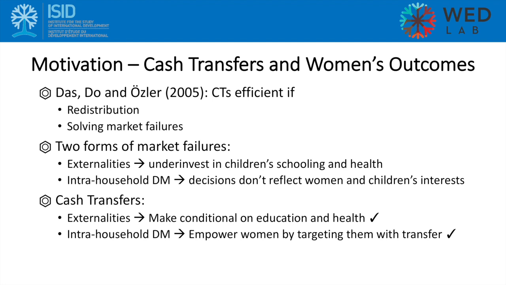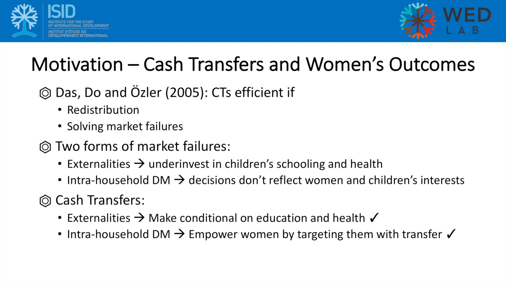So cash transfers can come in by dealing with those two issues. First, from the externality side, if we make these cash transfers conditional on those goods which we believe households are underinvesting in for whatever reason, then maybe we can nudge them to invest more in things like education and health.